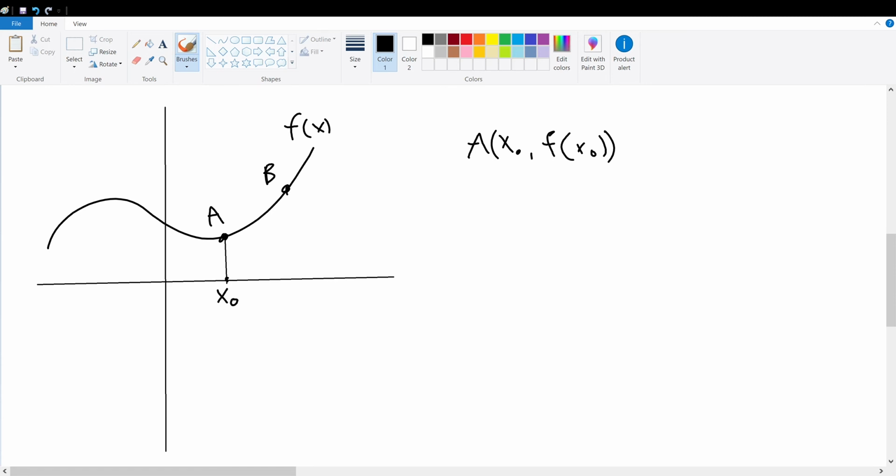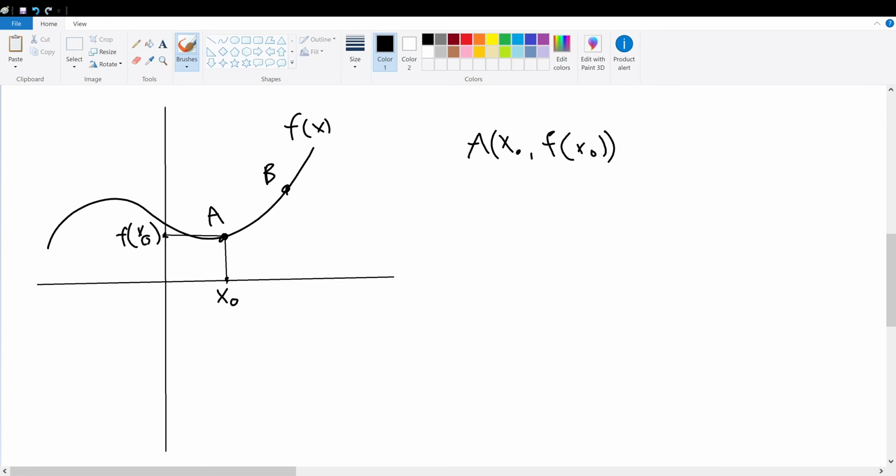And when we apply x0 into our function and draw a vertical line over, this point will be f of x0, because we substitute x0 into our input.